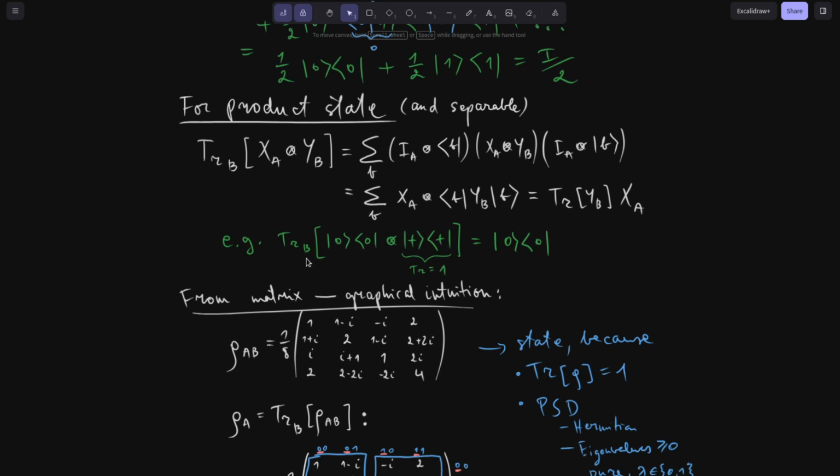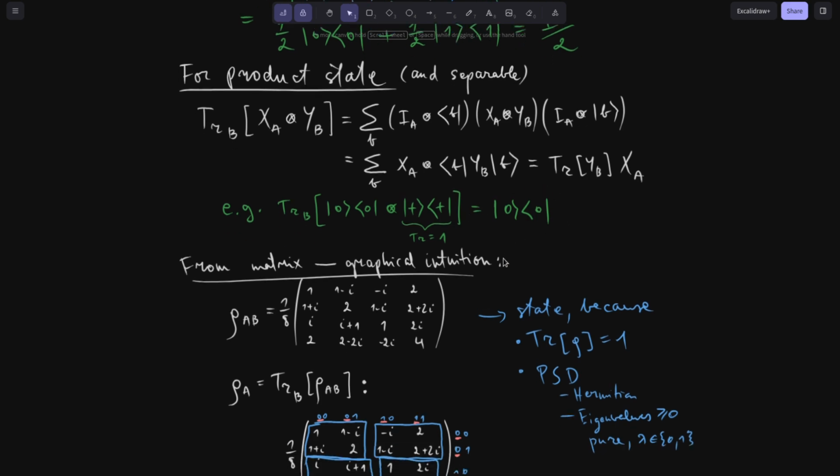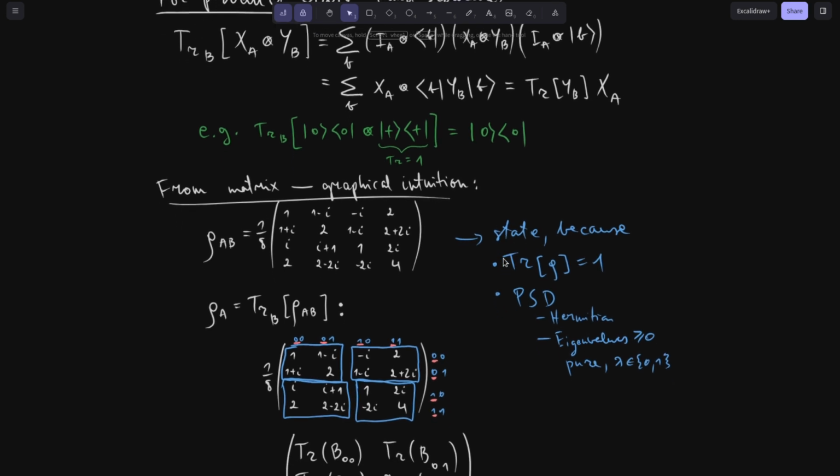And here's an example. We have this thing, we want to trace out the B system, and its trace is always 1, so we just remove it, and that's it. We are left with the A system state, this matrix.